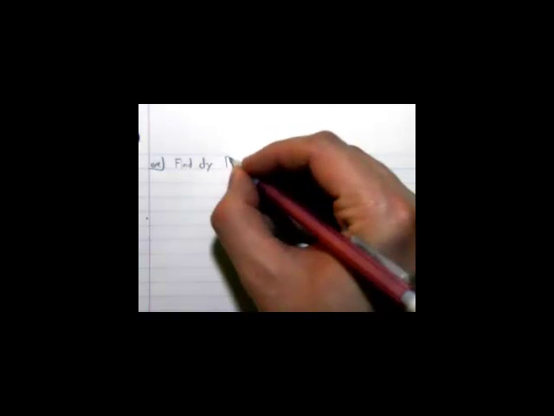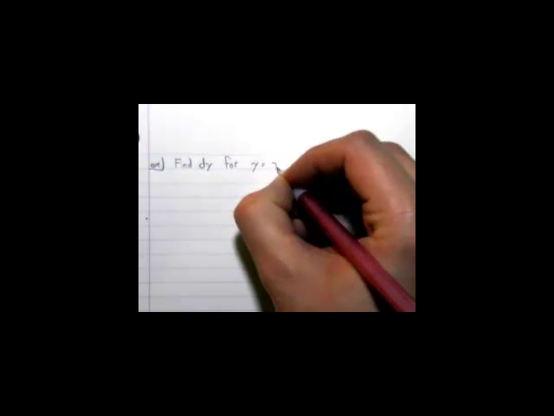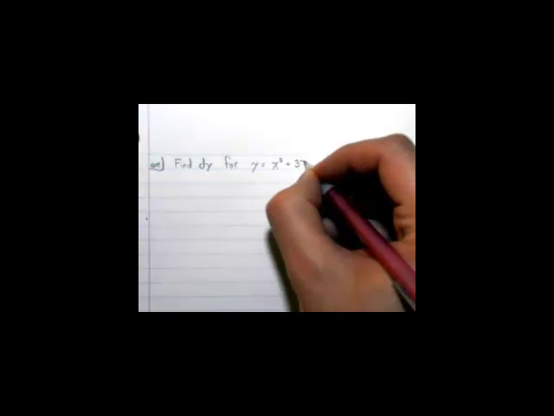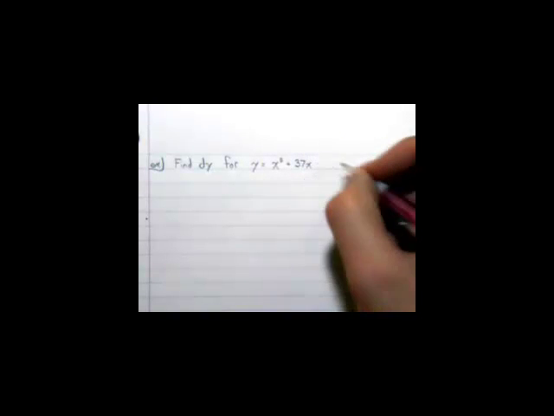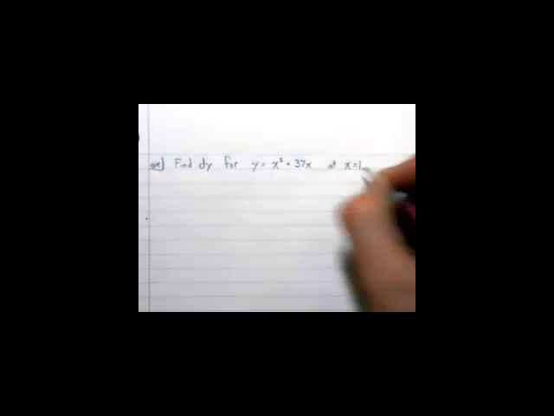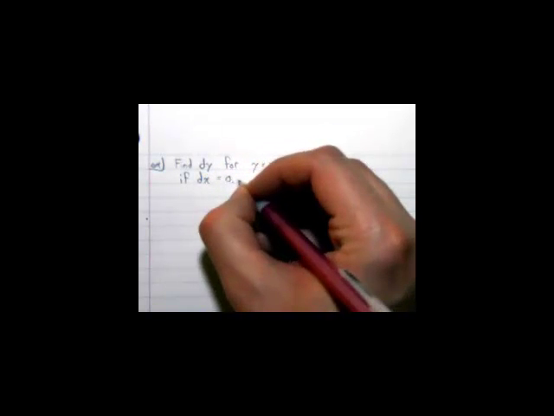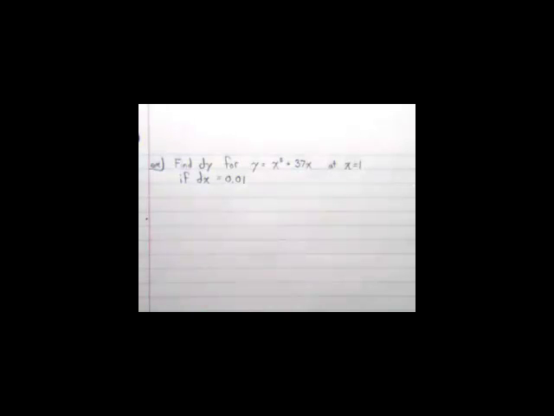Okay, so we're going to find dy for y equals x to the fifth plus 37x at x equals 1 if dx is 0.01.